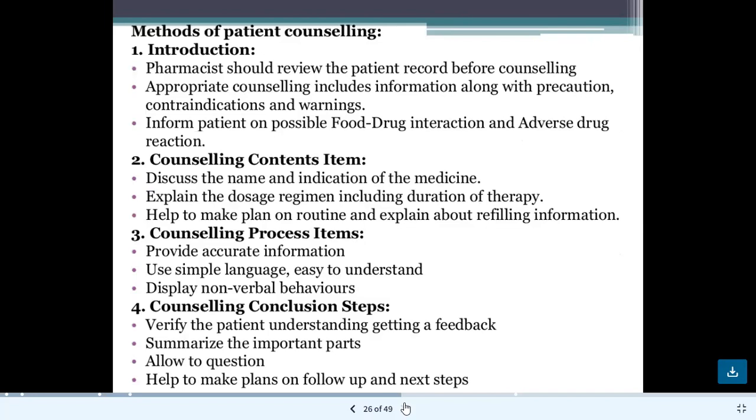Inform patient on possible food drug interaction and adverse drug reaction. Counseling content items. Discuss the name and indication of the medicine.